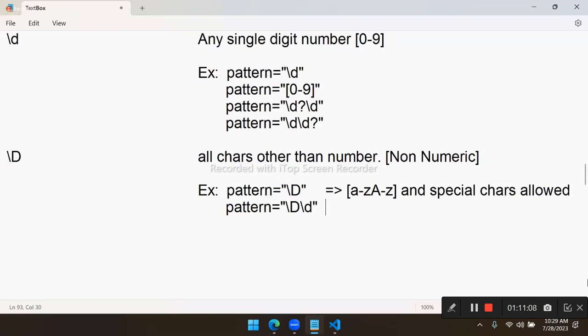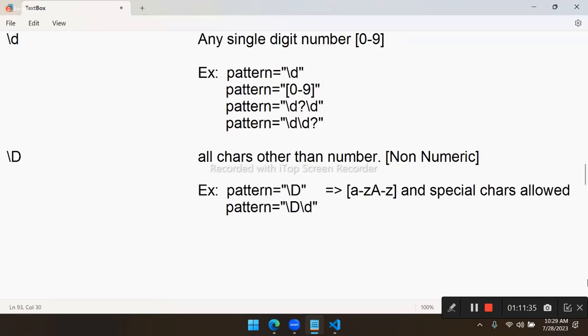This indicates two characters are allowed. First character can be anything but not number. Last character can be only number. So that is the pattern how you write.